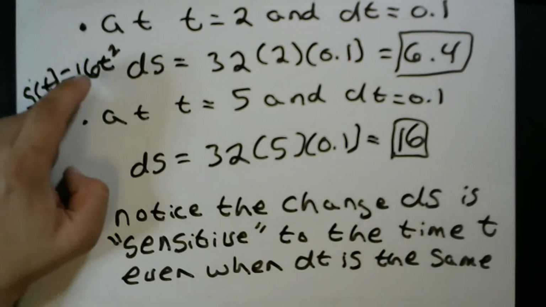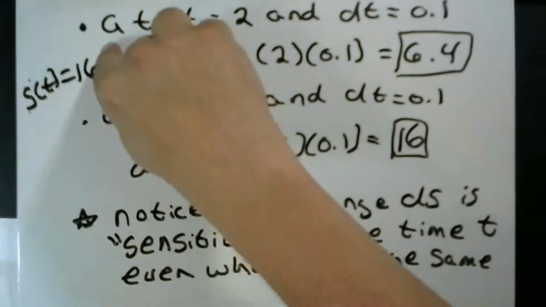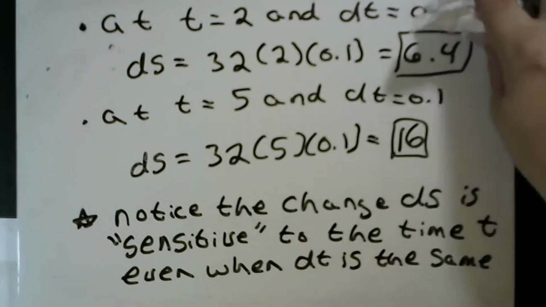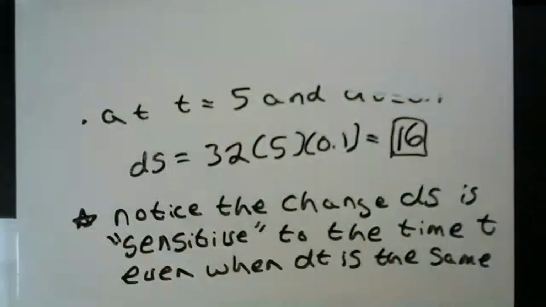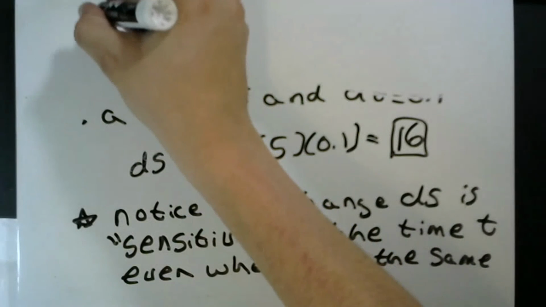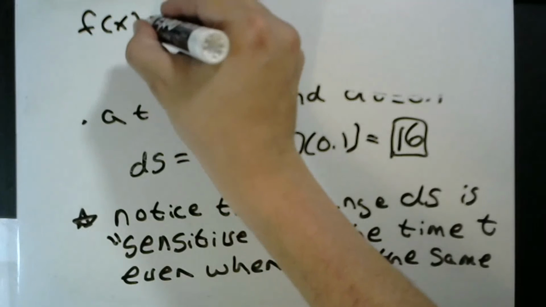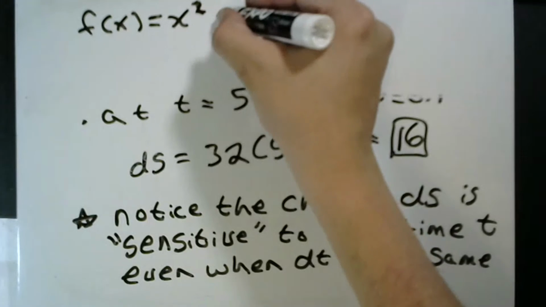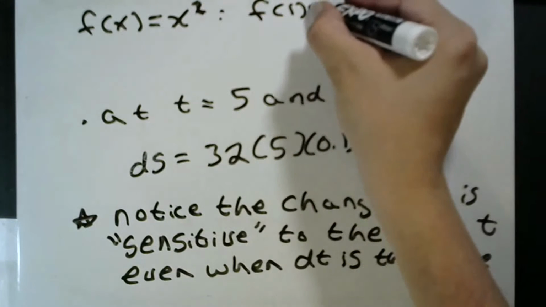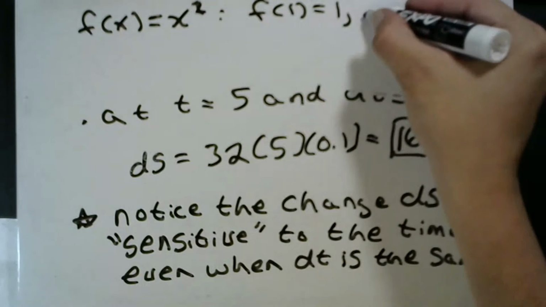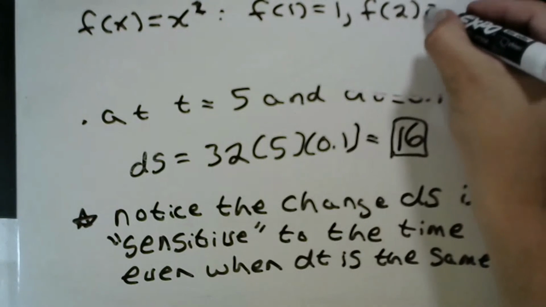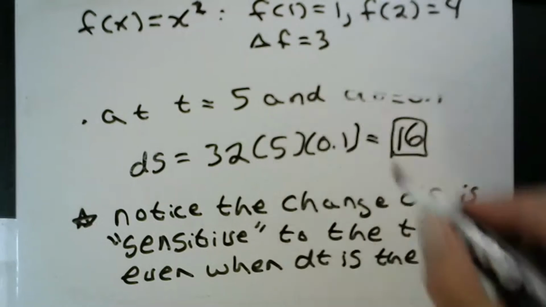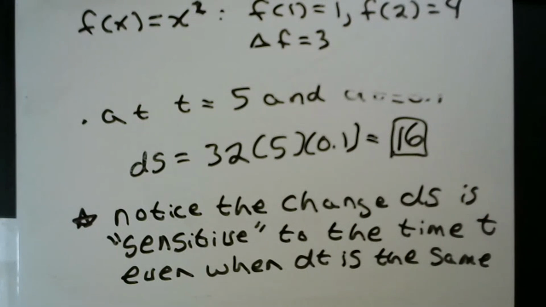Like, for example, maybe an easier example to think of, let's say we have f of x is x squared. If you look at f of 1, 1 squared is 1. F of 2, 2 squared is 4. So delta f is 3.